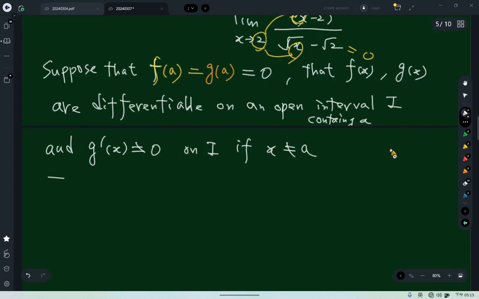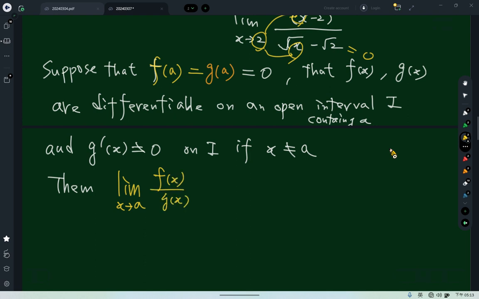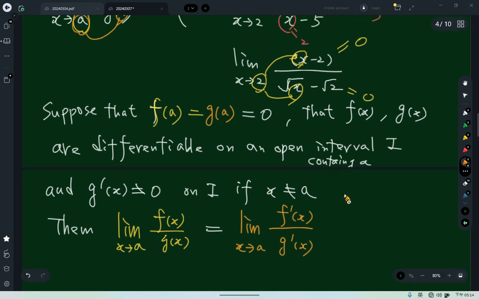Then the limit as x approaches a of f of x over g of x will become the limit as x approaches a of f prime of x over g prime of x. So what do I mean?